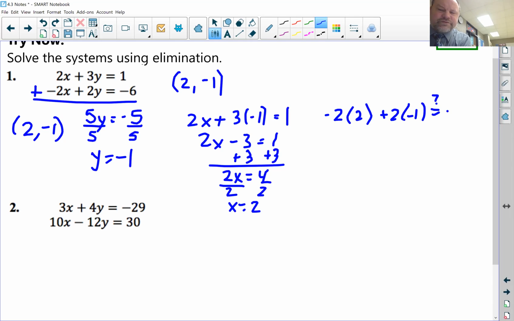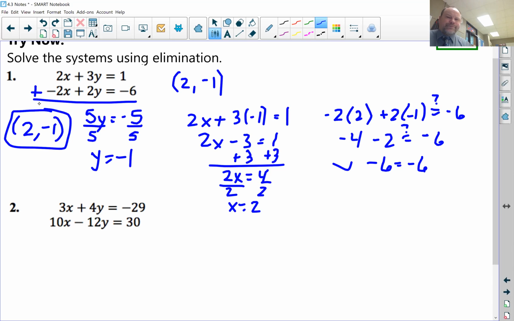Is that equal to -6? -4 minus 2, or plus -2. Does that equal -6? And it does. So that checks. All right. For those of you that wanted to see that one, did that help?